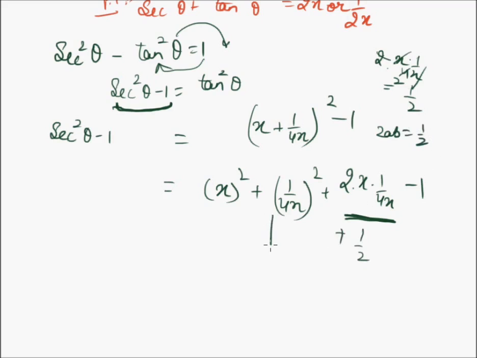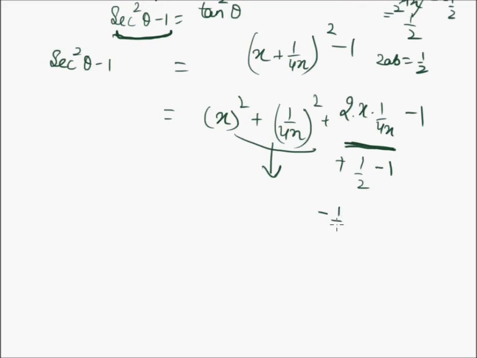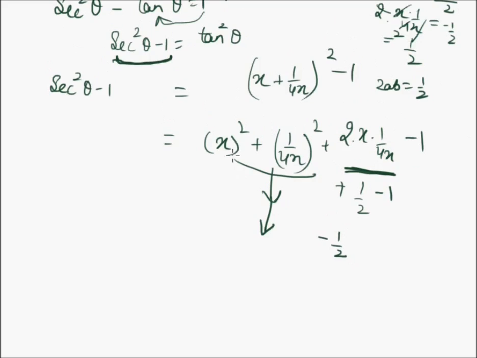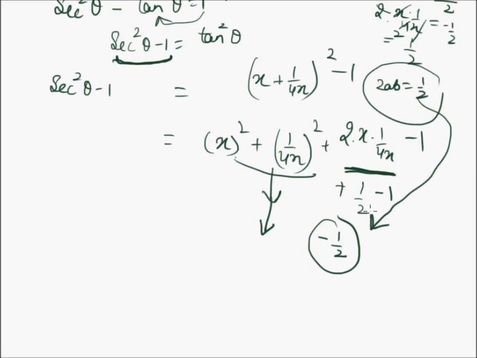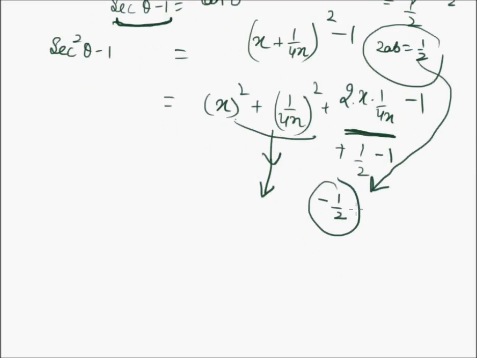So 1 by 2 minus 1 will be, with LCM as 2, 1 minus 2, that is minus 1 by 2. Friends, we have preserved a square and b square, but we have now acquired 2ab with the negative sign, that is minus 1 by 2.